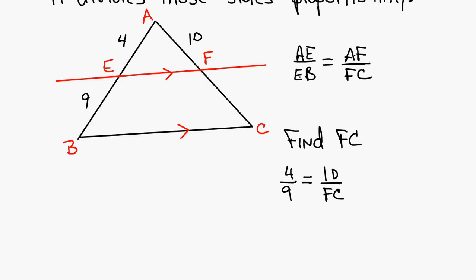So in this case, you would take 4 times FC and set it equal to 9 times 10, which is 90. So, yep, divide by 4. So this cancels, and FC is going to be equal to 22.5.